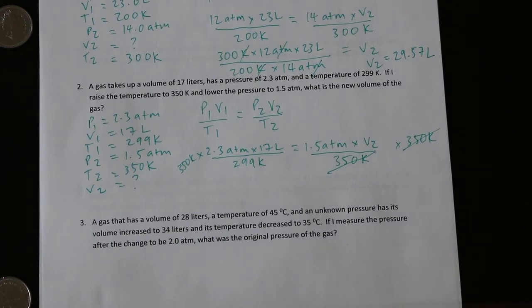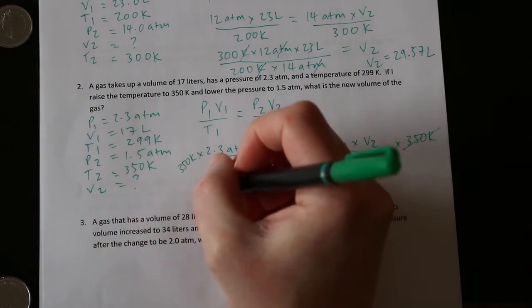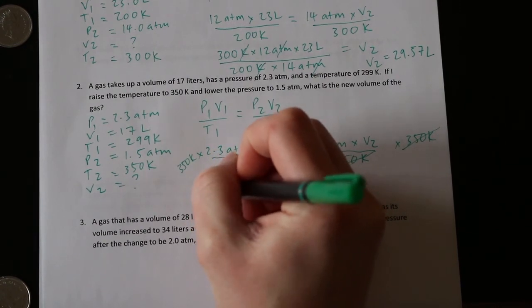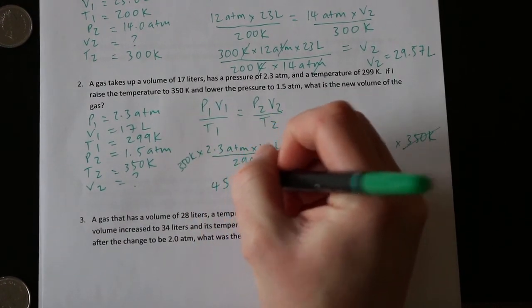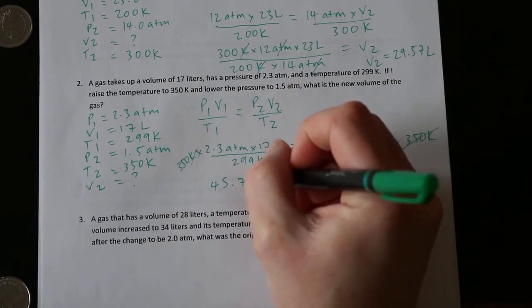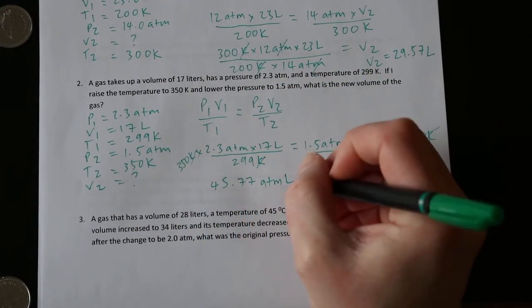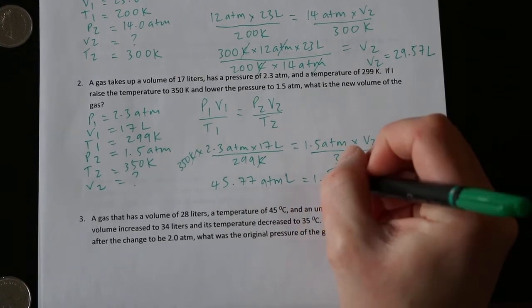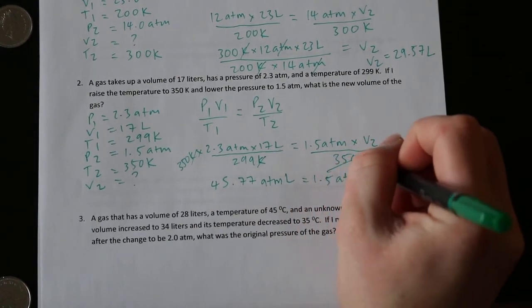So let's clean this up a little bit. 350 Kelvin multiplied by 2.3 multiplied by 17. Then we divide that number by 299. So that gives us 45.77. Remember the Kelvin units cancel, so we have atmospheres times liters equals 1.5 atmospheres times V2.